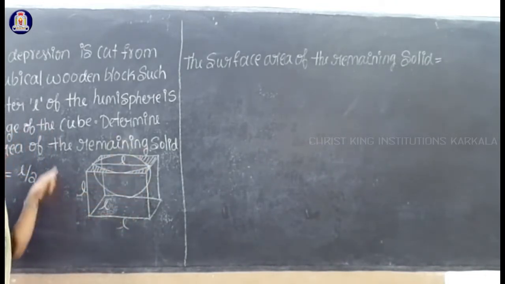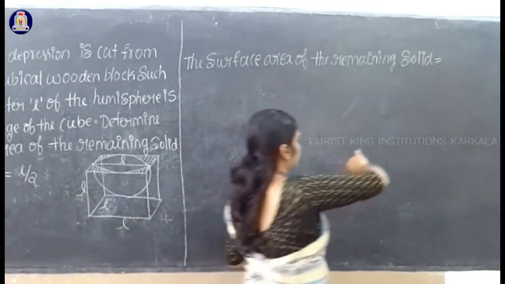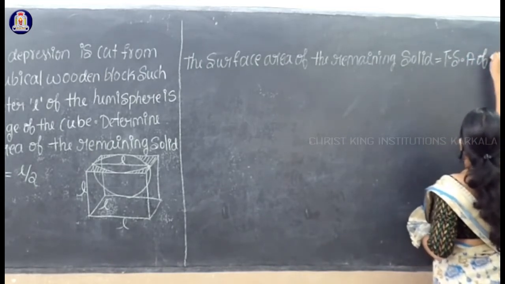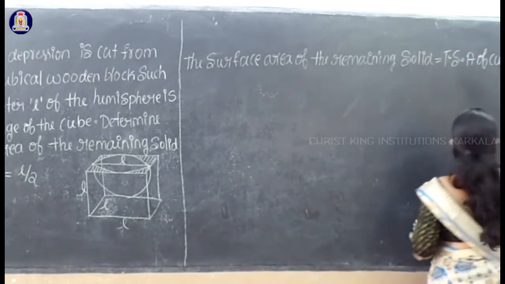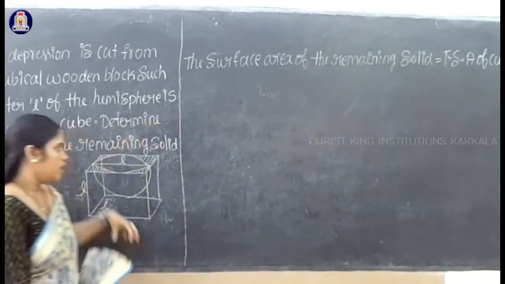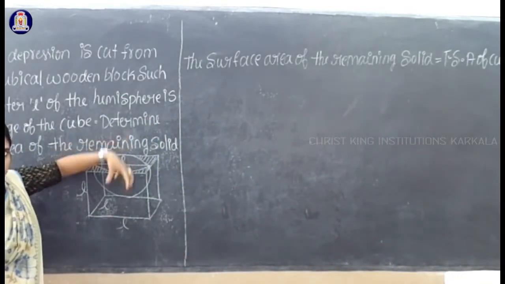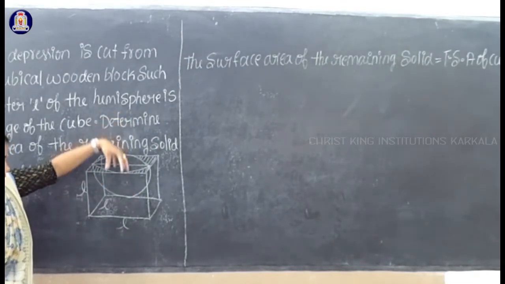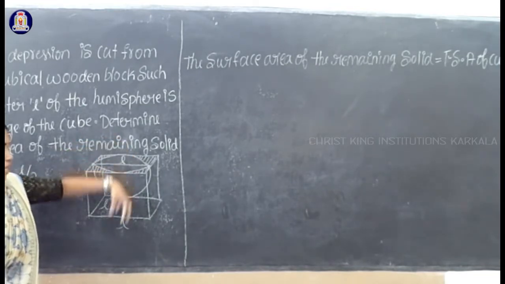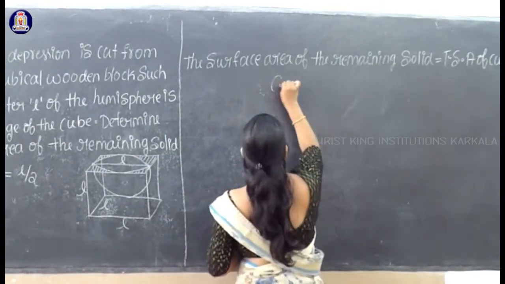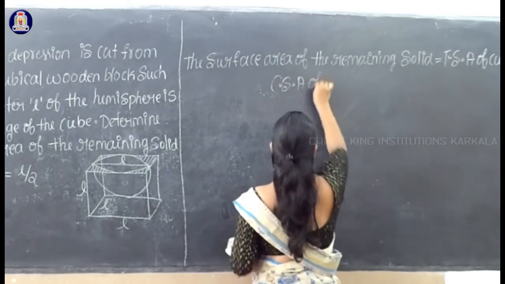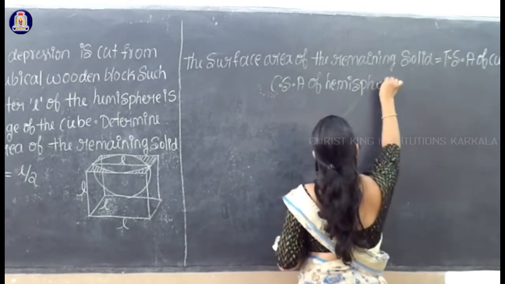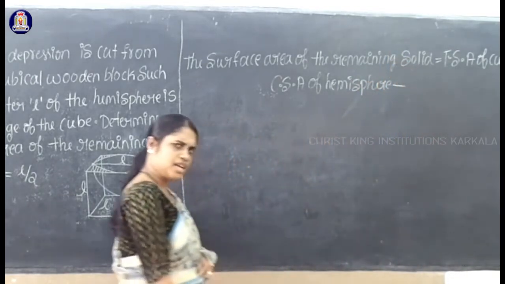Plus, here one hemispherical depression is cut out, so I will consider the CSA of the hemisphere. Minus, which portion will I remove now?